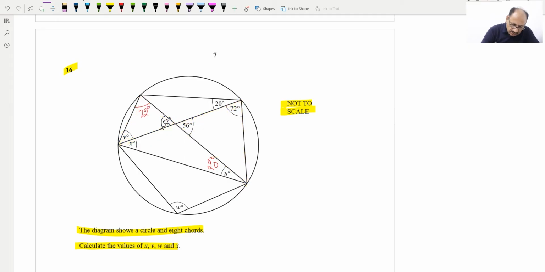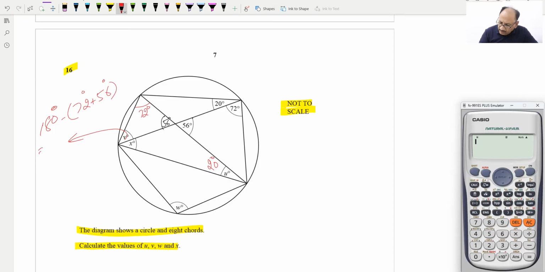Now I'm erasing this highlight, and now we are considering this triangle, and in this triangle we are having 3 angles, and we can refer to v. V is 180 degrees minus the other 2 angles, 72 plus 56 degrees, so 180 minus 128 is equal to 52.